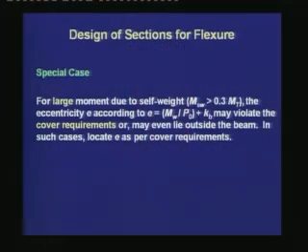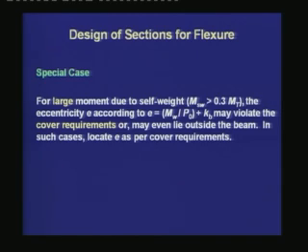There is a special case for the type 1 members. The calculations that we have shown are for a member where the self weight is smaller compared to the total moment.